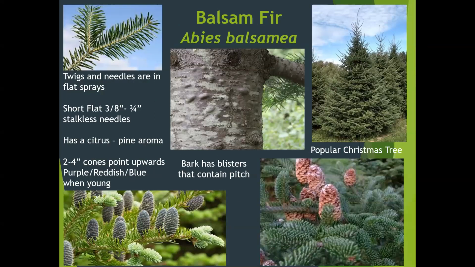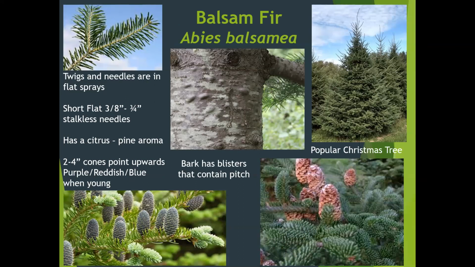So the bark has these rough lenticels, but then it has these blisters that you can pop with your finger, and those contain pitch that also has that very strong Christmas tree citrus pine aroma. But a very cool thing about fir trees is that their cones actually point upwards compared to all the other ones that point downwards.